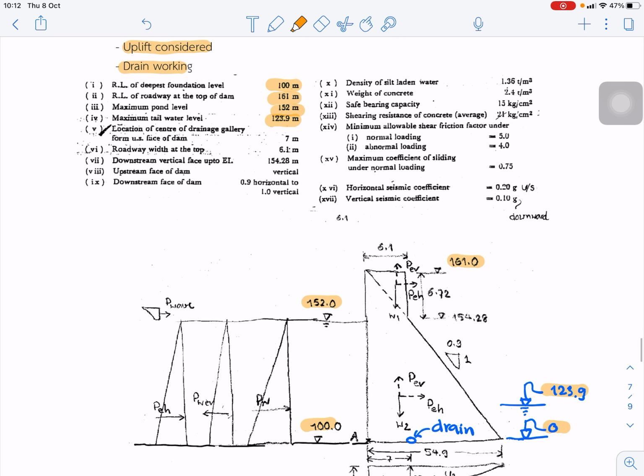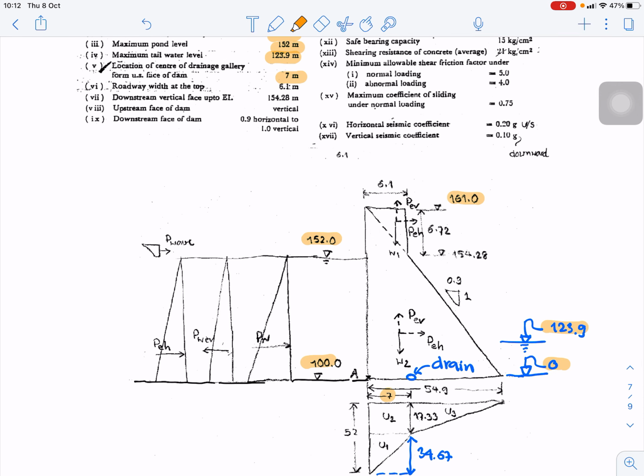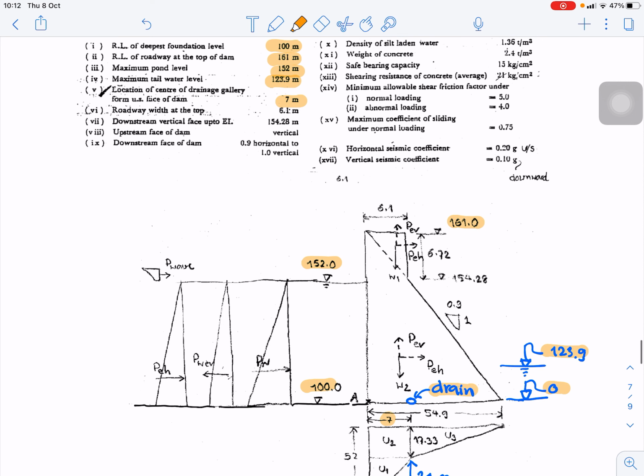And the location of the concrete gallery is 7 meters from the upstream face. So in this case, this is the drain gallery, about 7 meters from the upstream face. And the road width at the top is 6.1. So this is 6.1, the road top. Downstream vertical face up to 154.